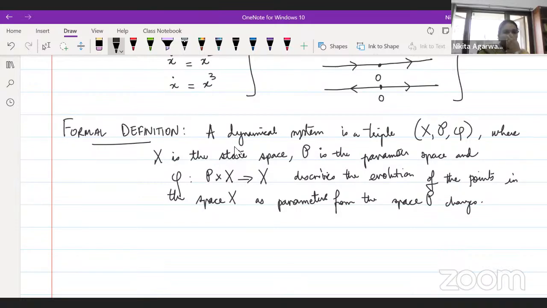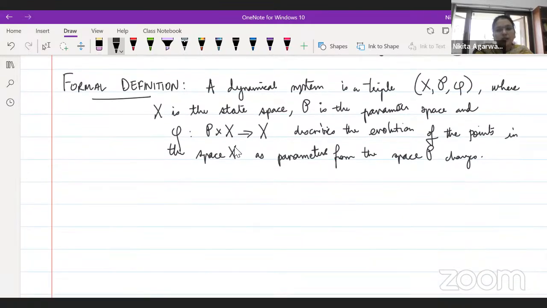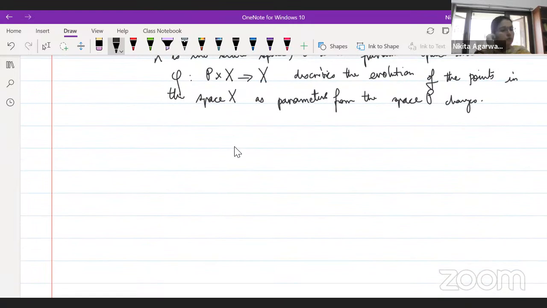Okay, and now you have several examples of this triple already. So the rest of the lecture is going to be focused on discrete dynamical systems.